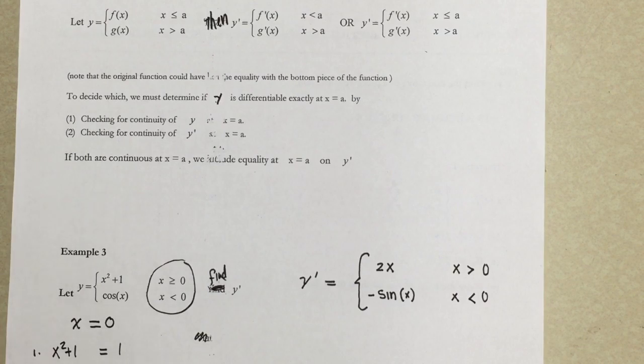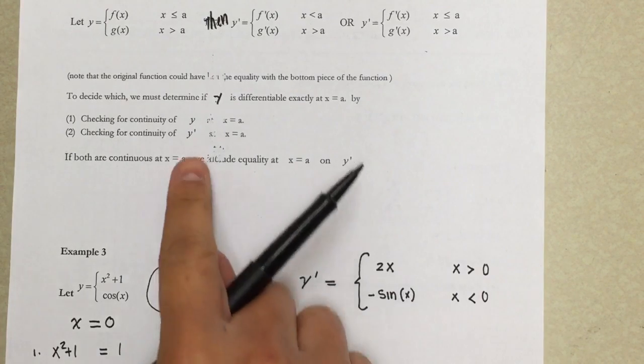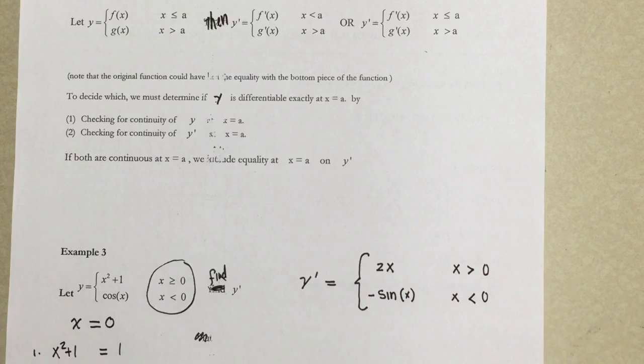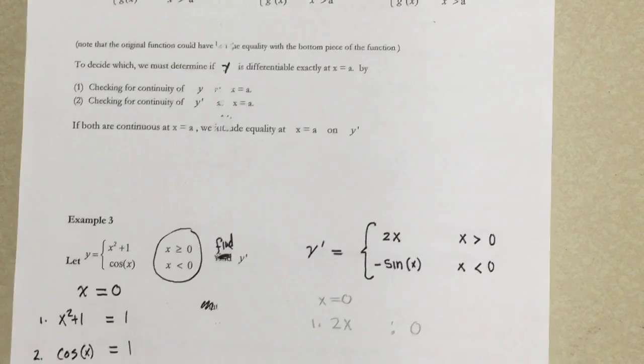Now, we also need to check for continuity of the derivative function. So I am going to replace 0 into each one of these pieces and see if I get the same answer. For the first function, which is 2x, when I plug 0 in there, I get 0.